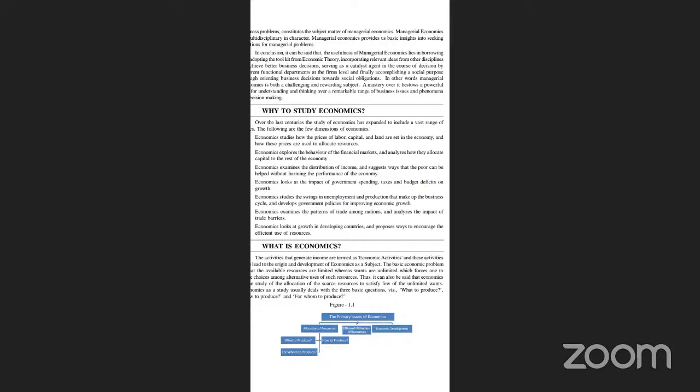It happens to look at the various options of spending, taxes, deficits, how growth can be made, and also the various business cycles which it journeys through, the patterns of trade among nations, analyzing the various impact of trade barriers, and then developing countries proposes various ways to encourage the efficient use of resources. So that way, unemployment also. So economics is a study of all these components. Hence it becomes a significant part.